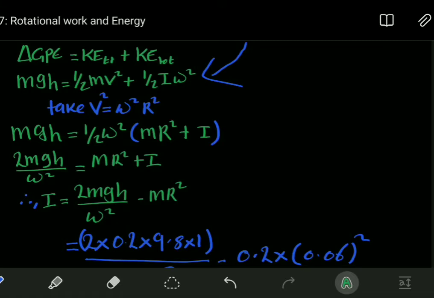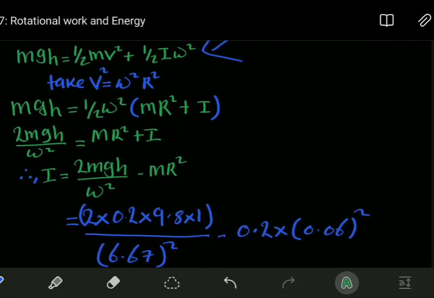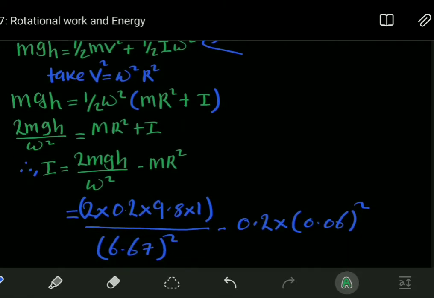Okay, so what do we have here? We know what the mass is, since we're looking for the moment of inertia of the wheel. G, we know what g is. h, we know what h is. All these values are there in the question. Here also we know the mass, m r squared.